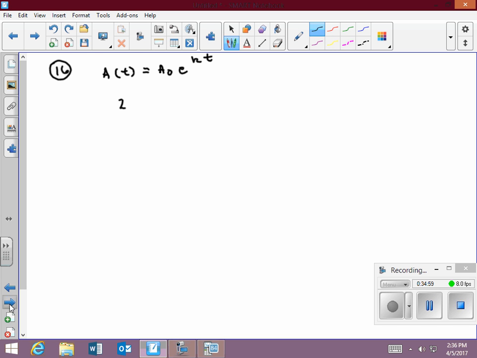Half-life is always going to be a 2 here, and then it's going to be e to the k, and then the number here was 27.7. Is that skipping too much? Okay.